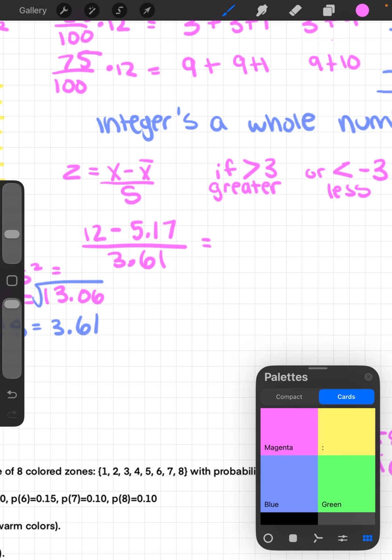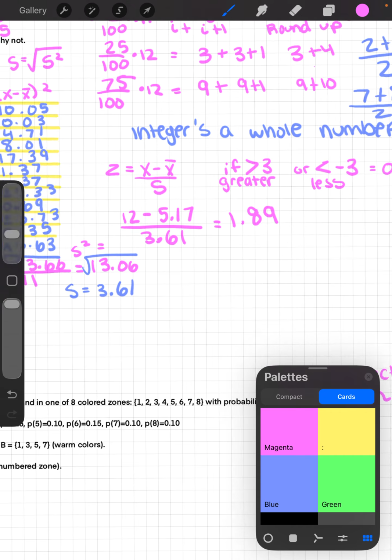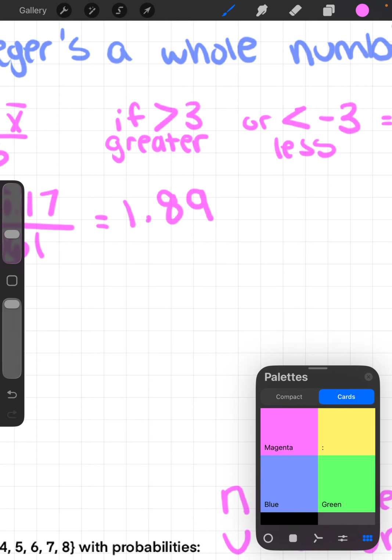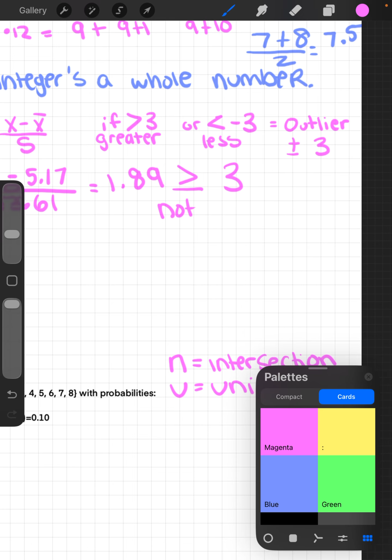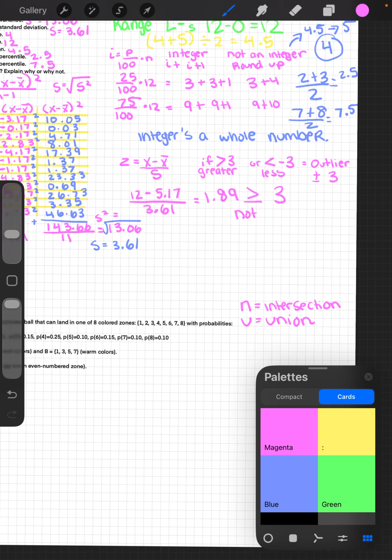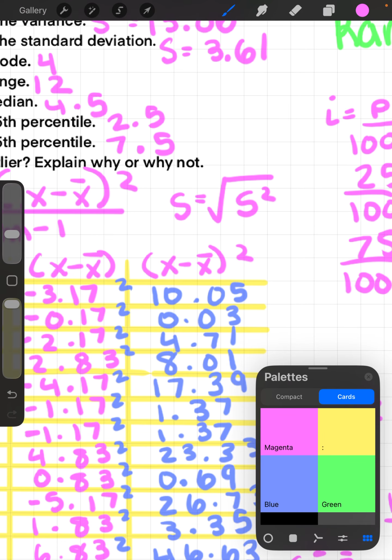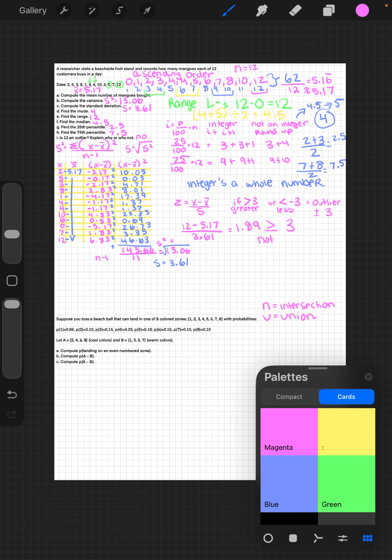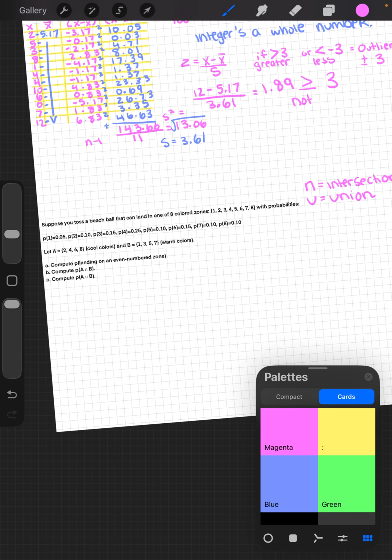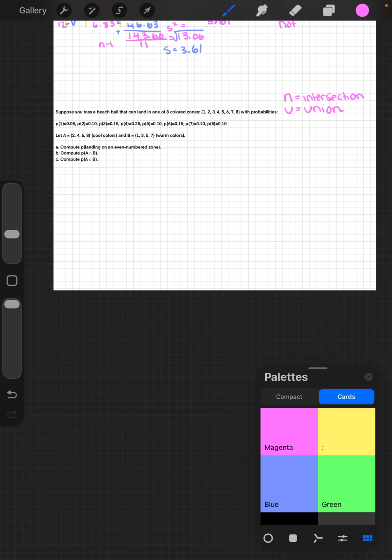And this is 1.89, and this is not over 3. So in this class, outliers are plus or minus 3, so it's not an outlier. So no. Okay, and now I'm going to go to the second problem, and then the next video is going to be the other 2 problems.